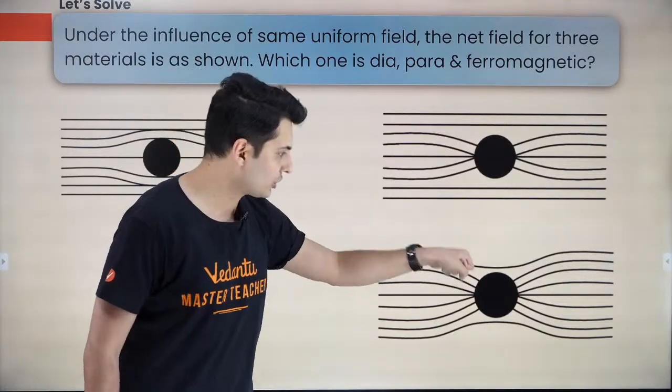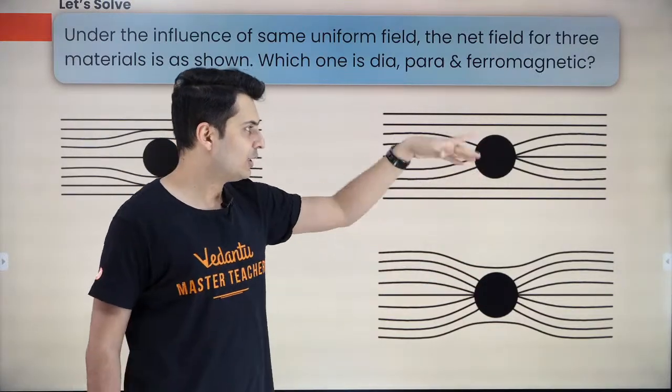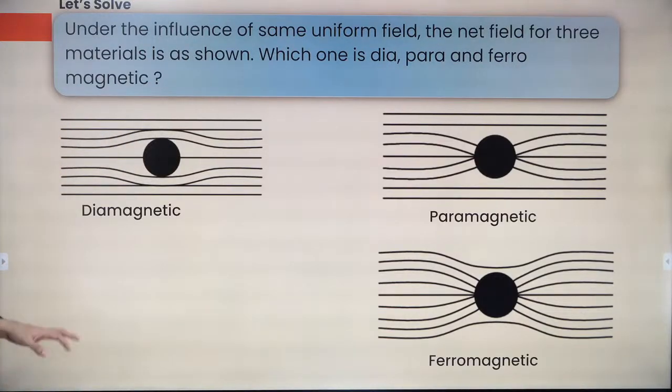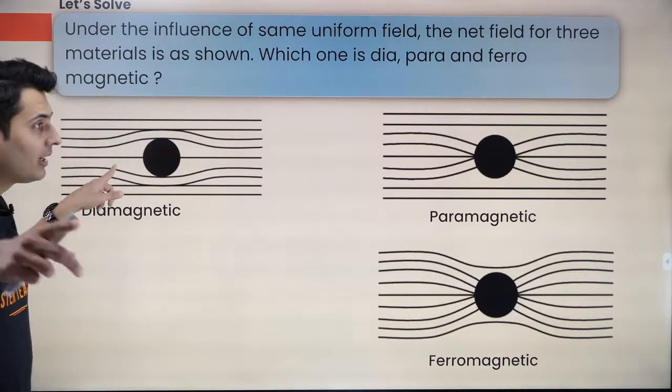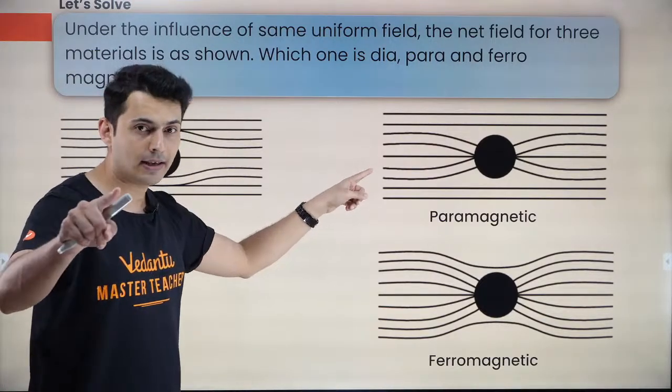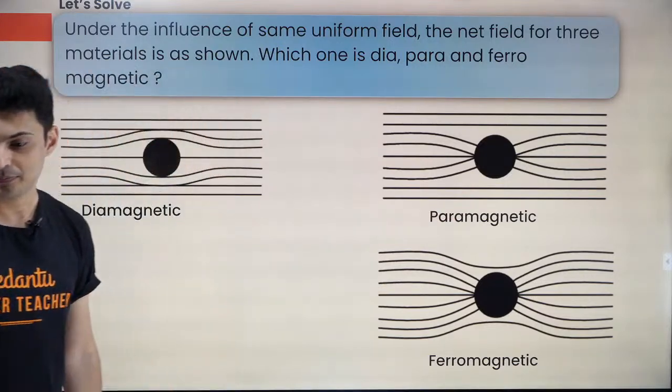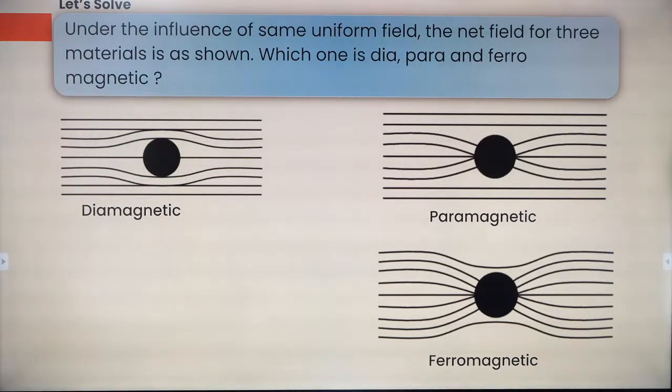So the field lines are stronger here as compared to this. So this must be para and this must be ferro. In dia they repel, in ferro and para they attract, but in ferro the attraction is even stronger. So that's how you compare them. Okay, got it guys? Very good.